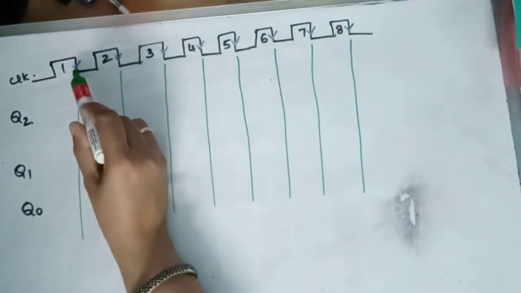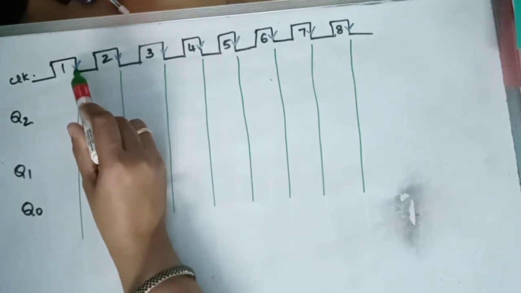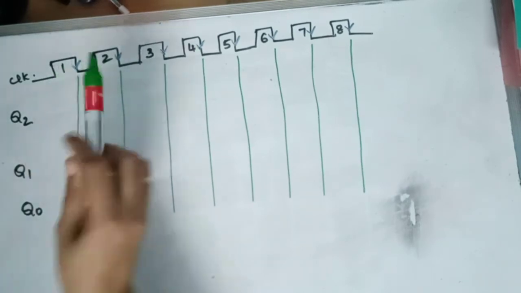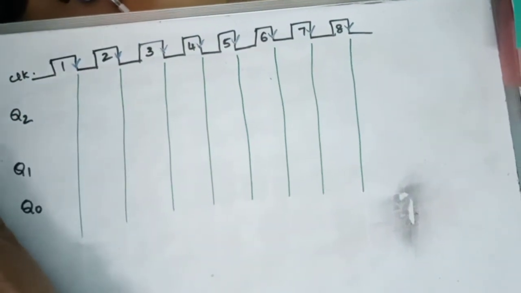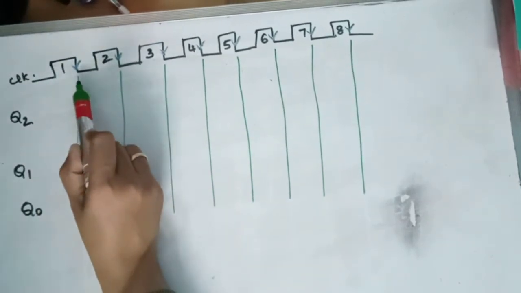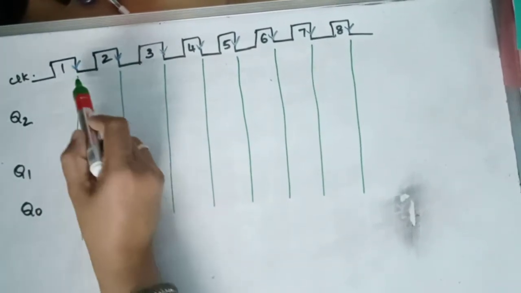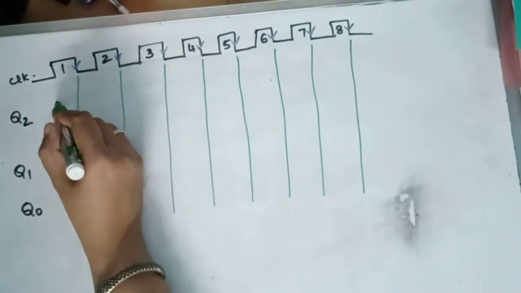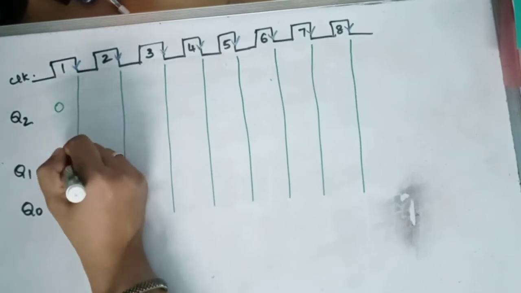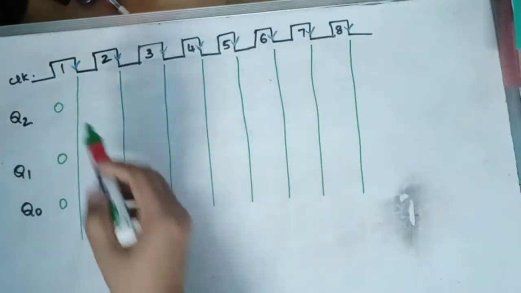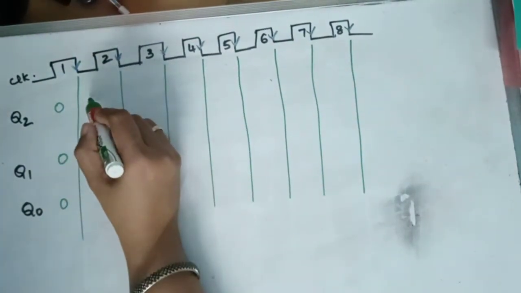The flip-flop is triggered only during the negative edge of the clock. Before that, to its left, that is the initial condition, because the first clock takes effect only at these lines. So what is the initial condition for an up counter? It is 0, 0, 0 for Q2, Q1, Q0.